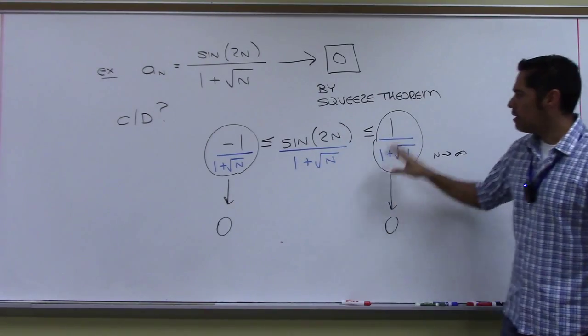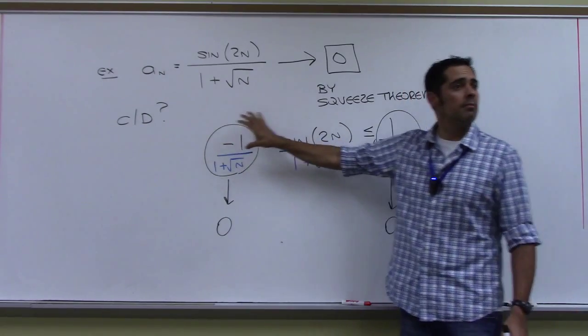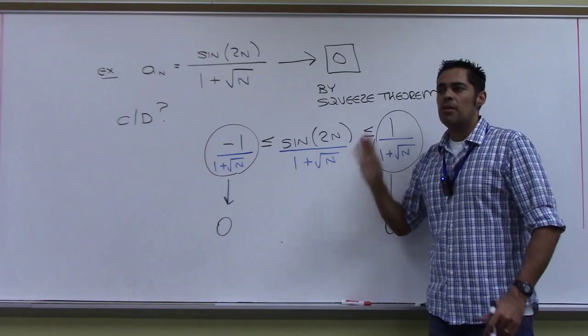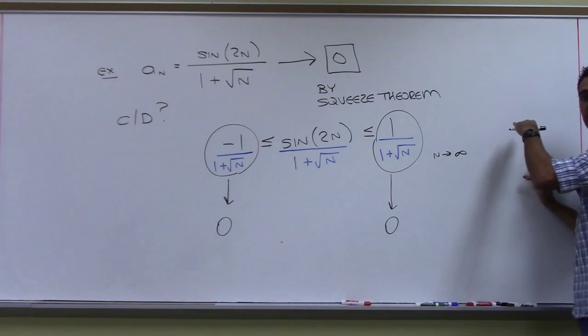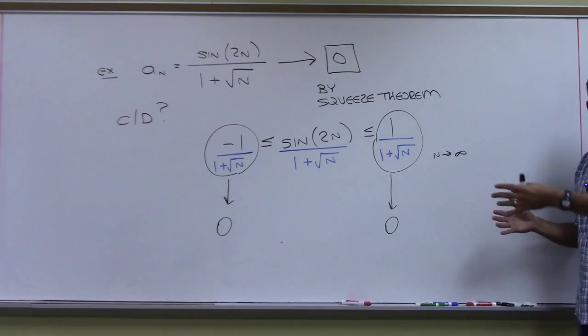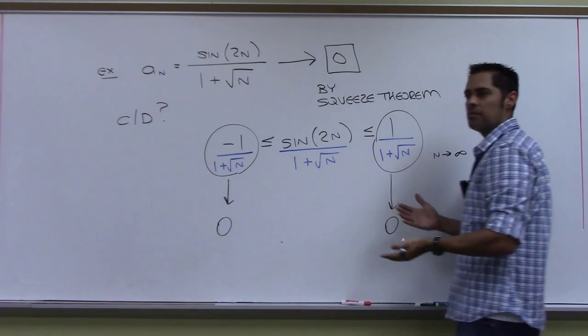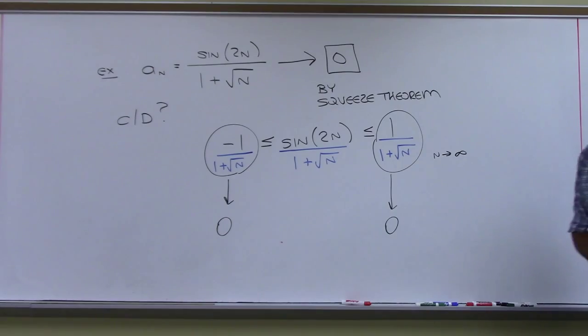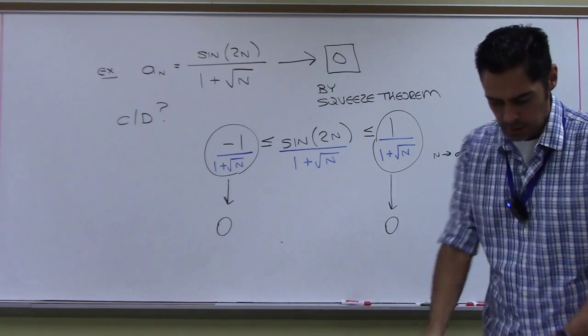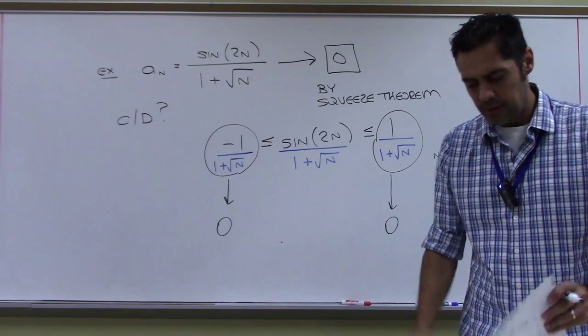But wasn't that inequality in black here true all the time? Isn't sine always between -1 and 1? So I didn't have a capital N that it eventually happened. It happened all the time because that's what sine does, right? Okay. No questions on that?